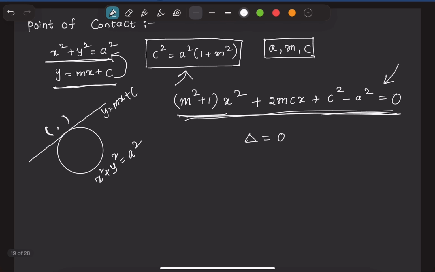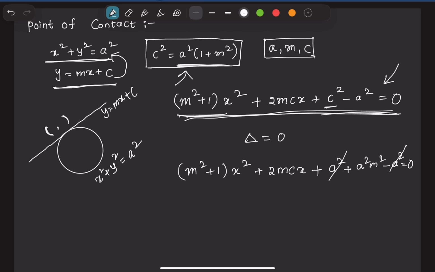So you'll get m square plus 1 x square plus 2mcx plus a square minus c square is a square plus a square m square minus a square. So this and this get cancelled.